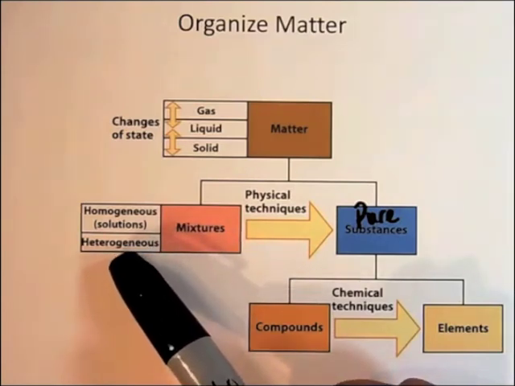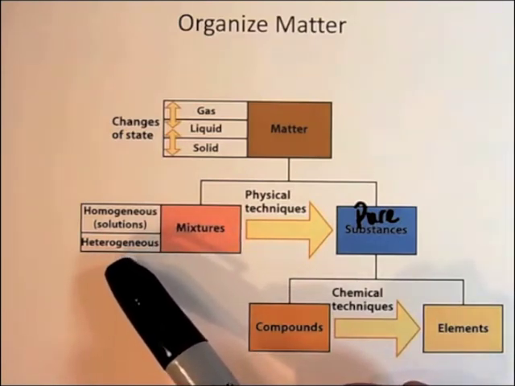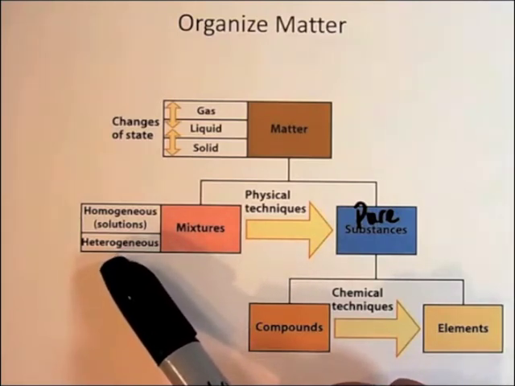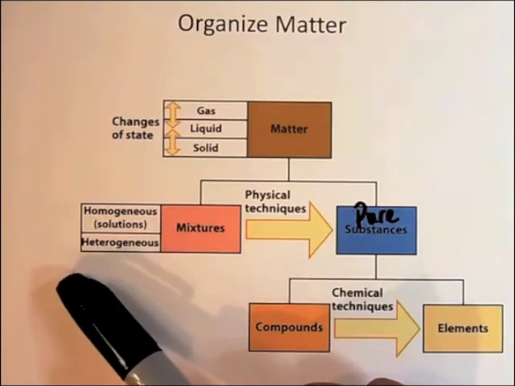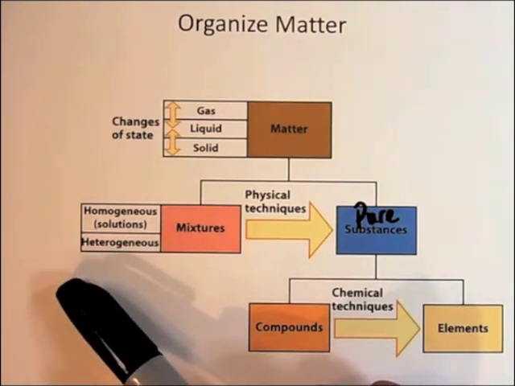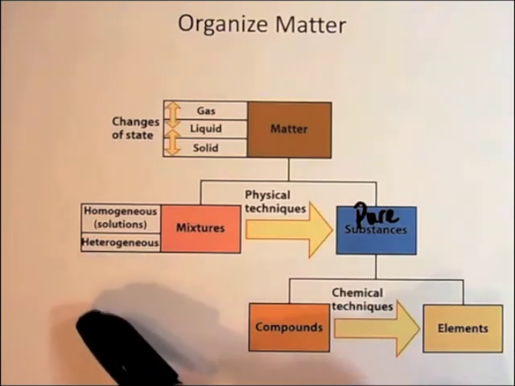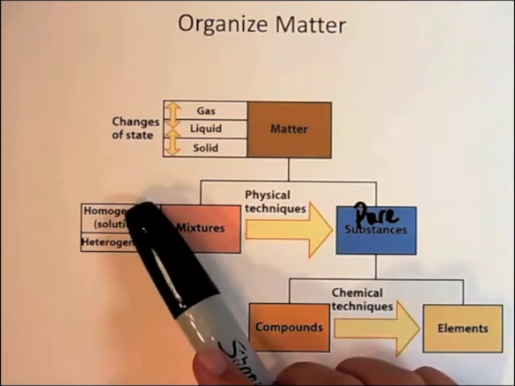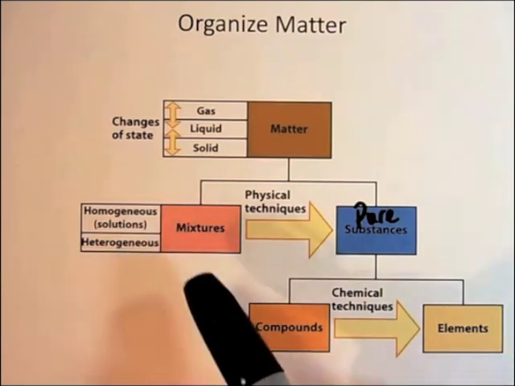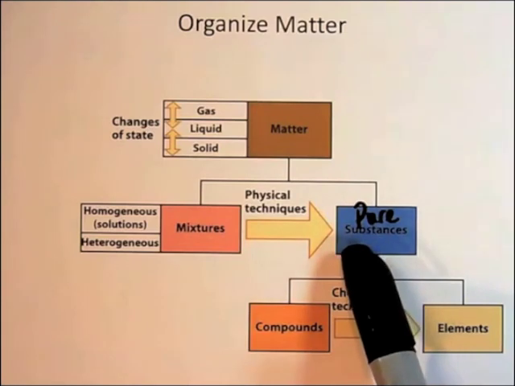If I were to introduce some other gas into this room, say I take a tank of propane and open it on the other side of the room, and propane gas starts leaking into the room, until all of the gas molecules have a chance to mix, that mixture is going to be heterogeneous. It's not going to take very long, but at the very beginning it's going to be heterogeneous. So even if you have all gas, at a certain point in time you could have a heterogeneous mixture, but normally they're homogeneous.